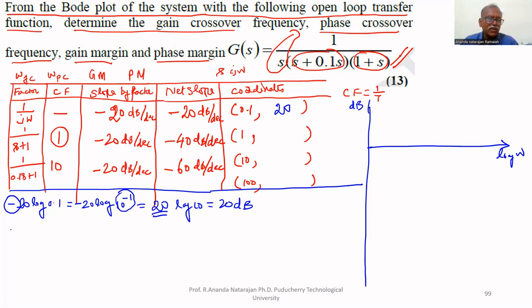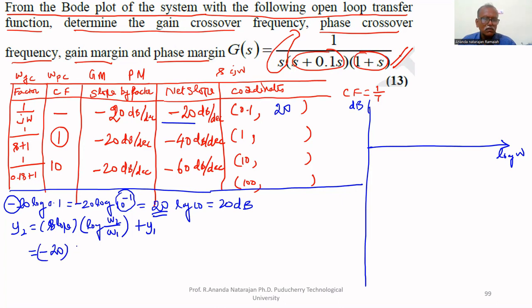For 1, we find it using the formula y2 equal to slope multiplied by log omega 2 by omega 1 plus y1. Up to 1, the slope is minus 20 dB. So y2 equal to minus 20 multiplied by log of 1 divided by 0.1 plus y1, which is 20.